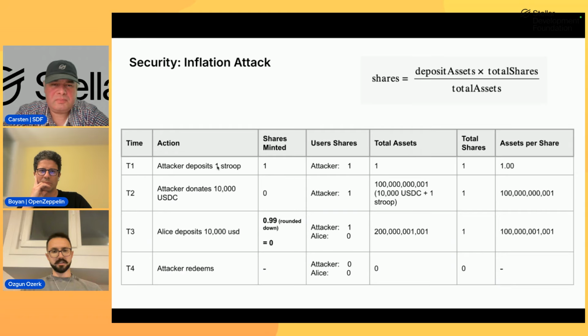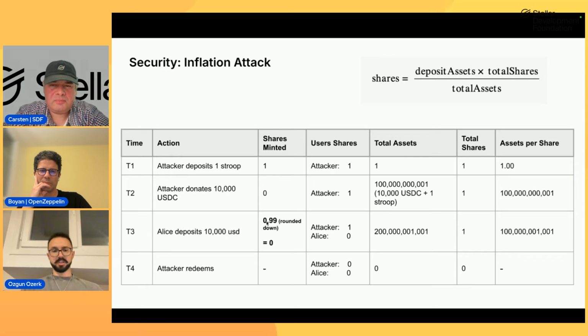The other scenario would be in here. Let's say again the first two scenarios are the same. The attacker deposited 1 stroop, and then they donated 10,000 USDC. And after that, say Alice deposited 10,000 USD. So it's almost half of the total assets, right? But only 1 stroop short of it.